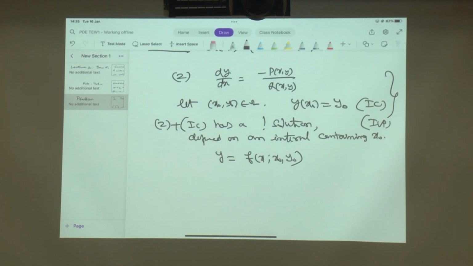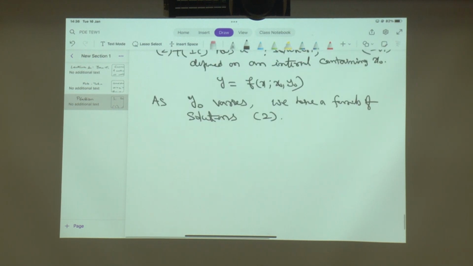Now as you vary y0, we have a family of solutions to equation 2. Of course, the moment you put initial condition, there is only one, there is no family. But as you change y0, you get a solution.